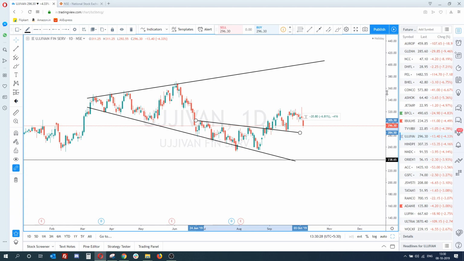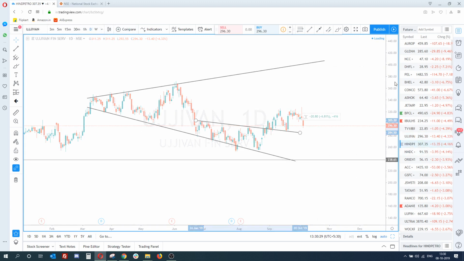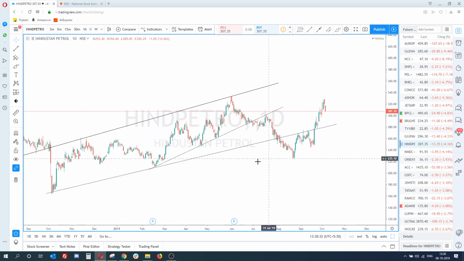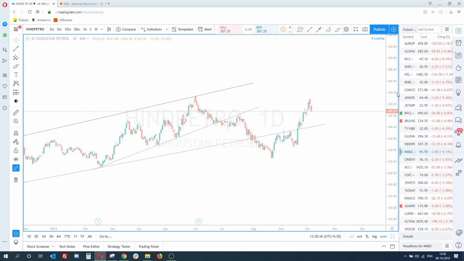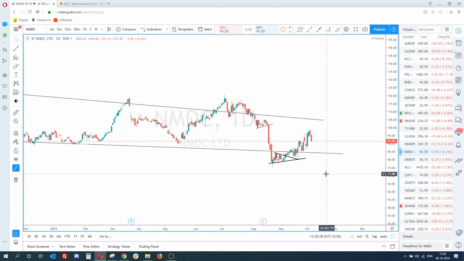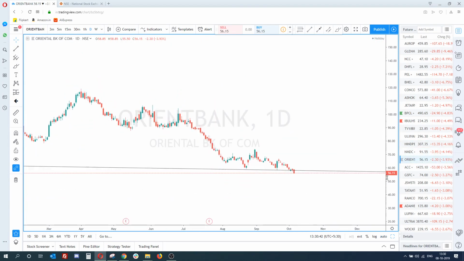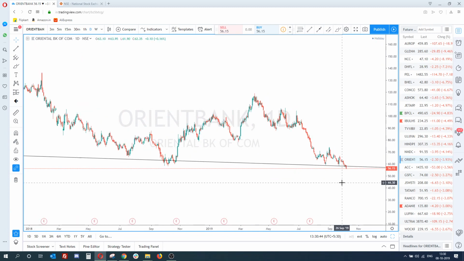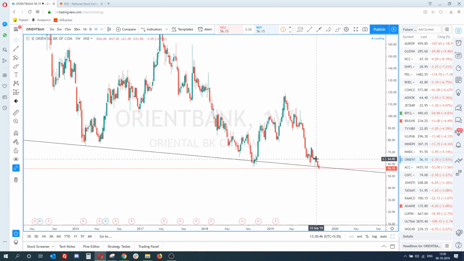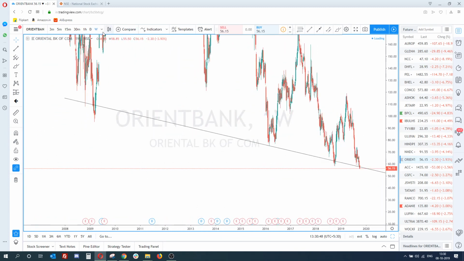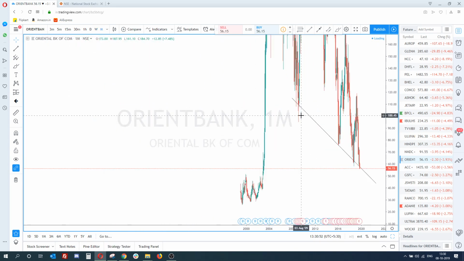Make sure that you spend solid time finding patterns like this. I draw patterns, I put an alert, and I just sit idle on the next day. And here, if you see Oriental Bank, this is very huge. Probably I've drawn this on monthly.